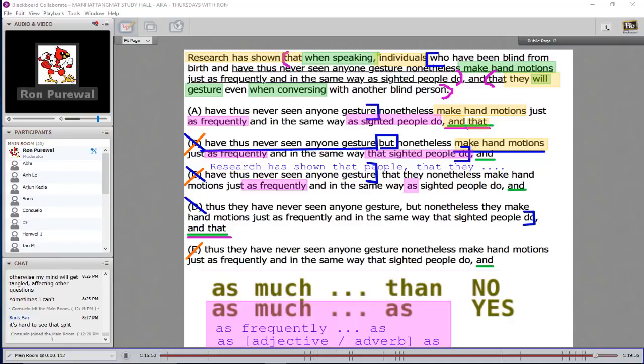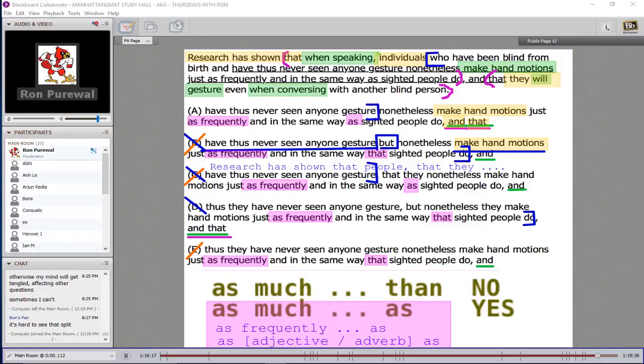D has "as frequently that." And E has "as frequently that." So B and E are incorrect.